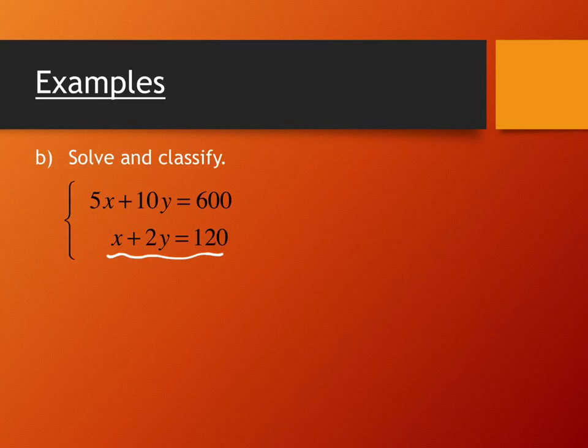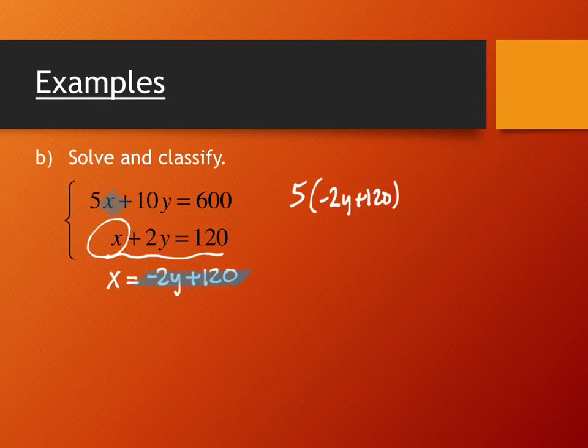This is the variable I want to solve for, so I'm going to move my 2y to the other side. There's negative 2y plus 120, and I'm going to substitute that into the equation up here for x. So I have 5 times negative 2y plus 120, plus 10y equals 600.